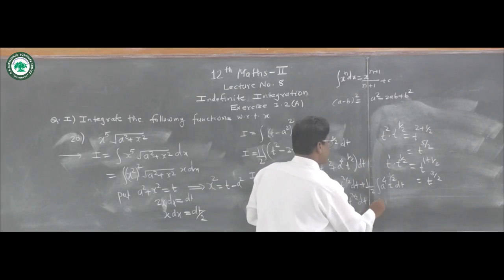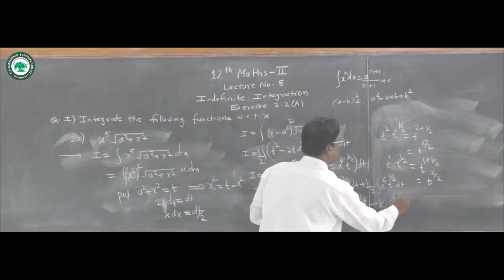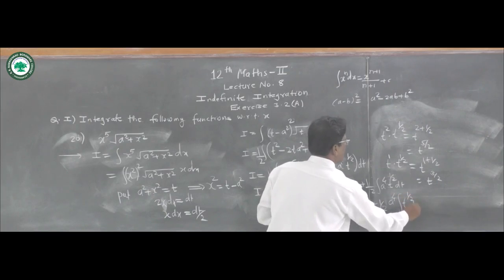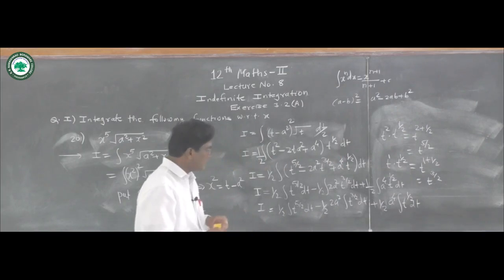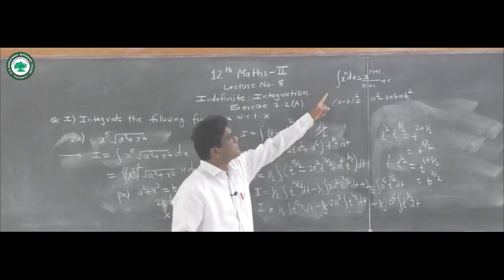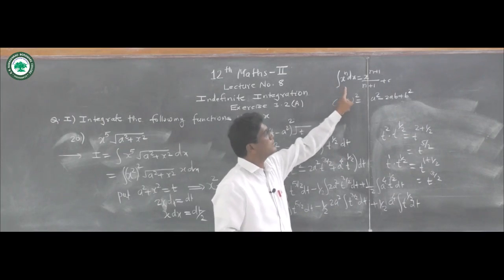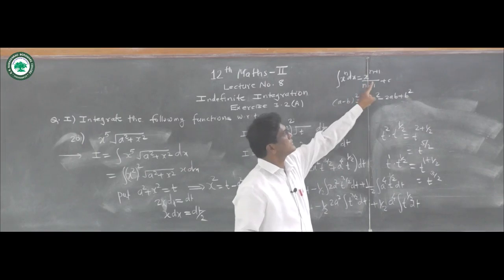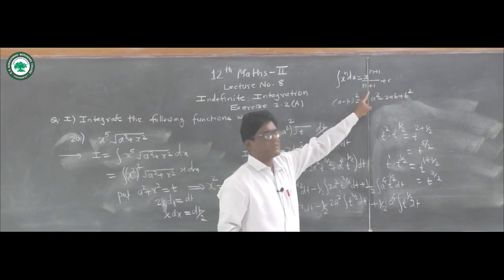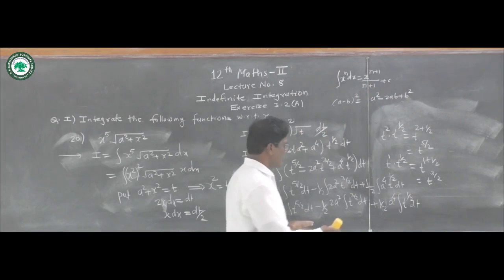Then plus this 1/2 as it is, this a to the power 4 constant, integration of t to the power 1/2 dt. And now take here integration using this formula, integration of x to the power n dx is equal to x to the power n plus 1 upon n plus 1 plus constant of integration.